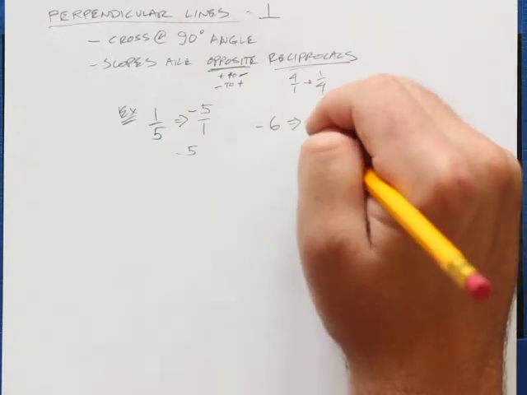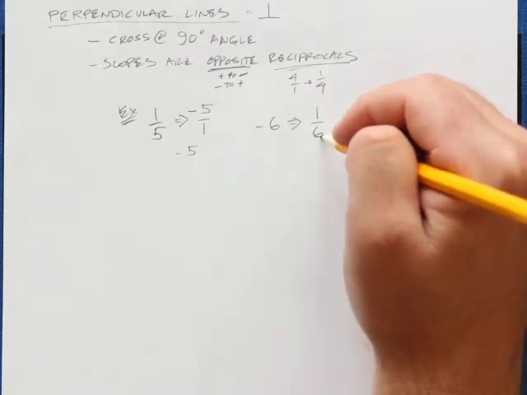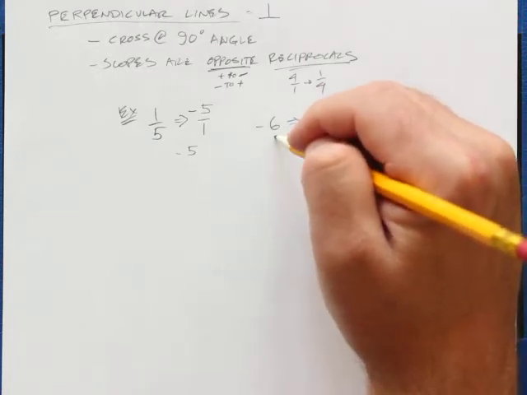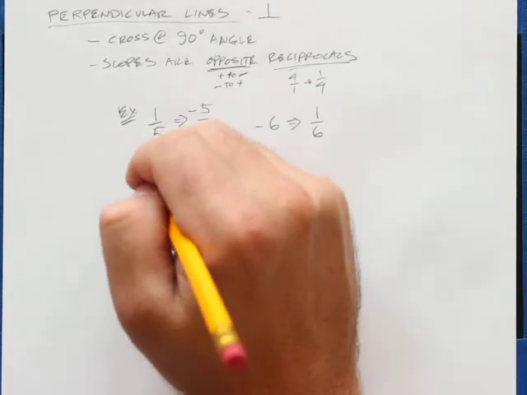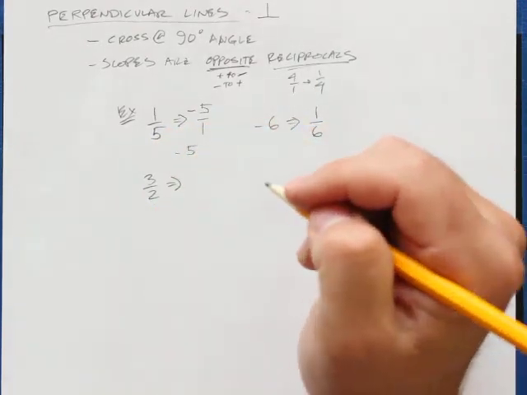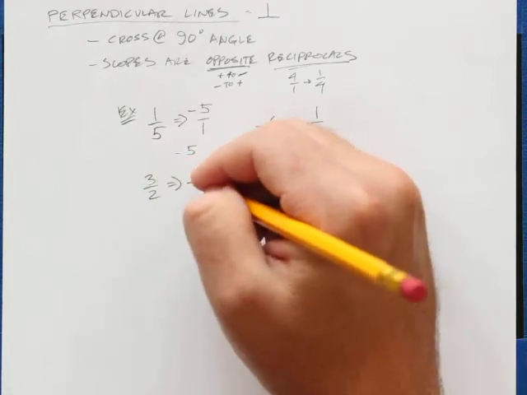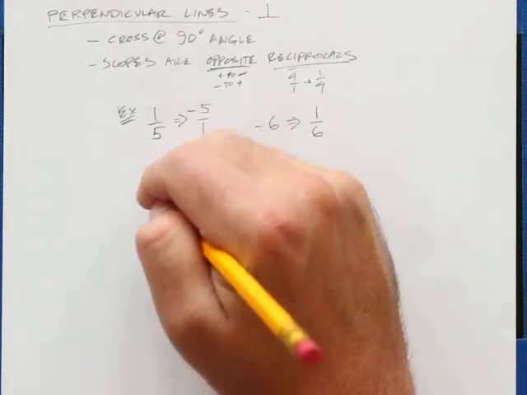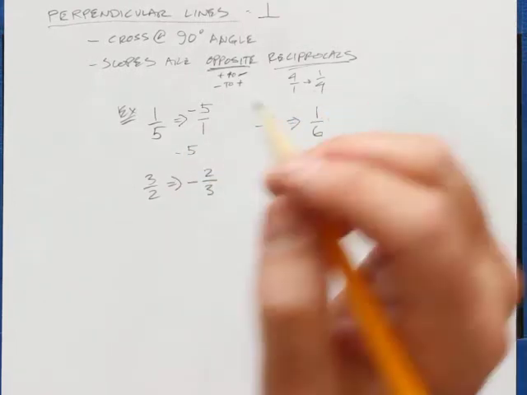I need to change it from negative to positive, and make the denominator, which is a 1 here, the numerator. One more. 3/2. The opposite reciprocal of 3/2 is negative, so the 2 goes on the top and the 3 goes on the bottom.